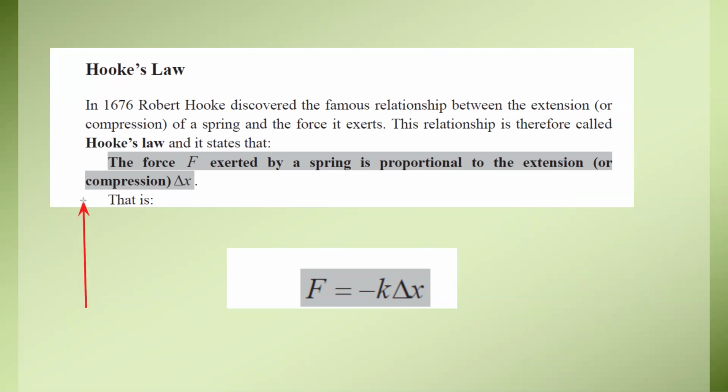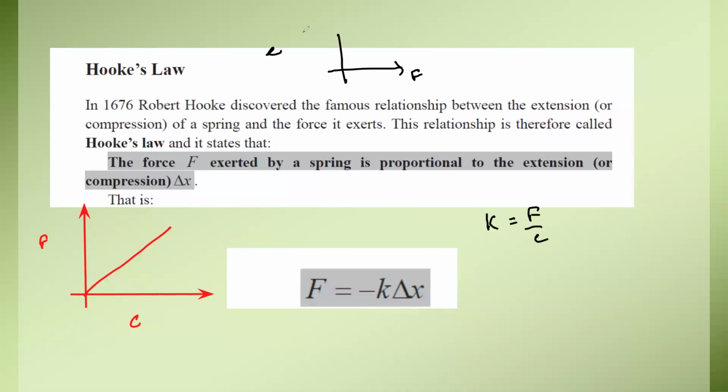And if we have a force and extension graph, we can calculate two things from it. Number one is the spring constant, which is force divided by extension. But sometimes you may have a graph in which you have force on the x-axis and extension on the y-axis.